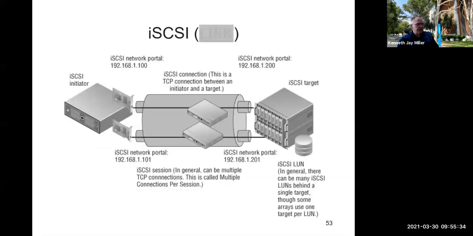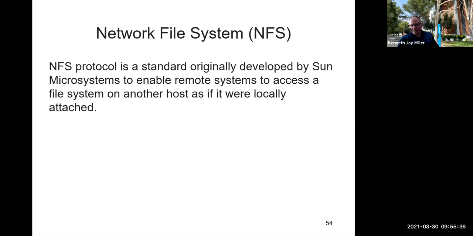Okay. So I'm going to get through the last protocol, and then we'll take our second break here. The last one is the oldest one, which is the network file system.